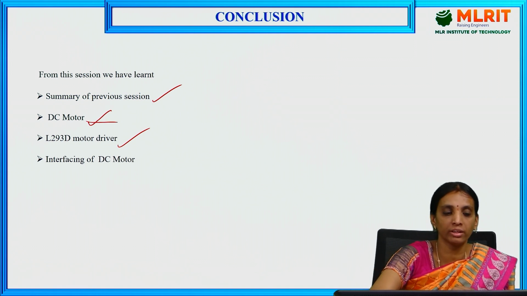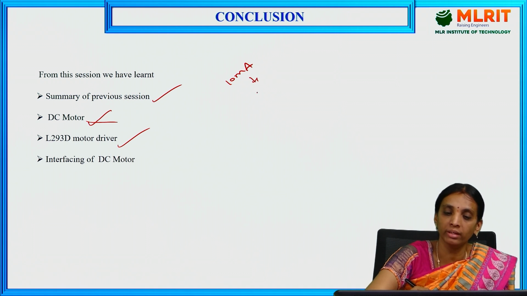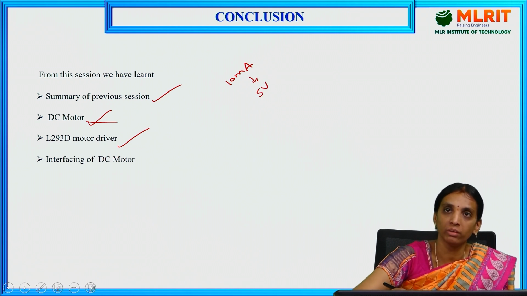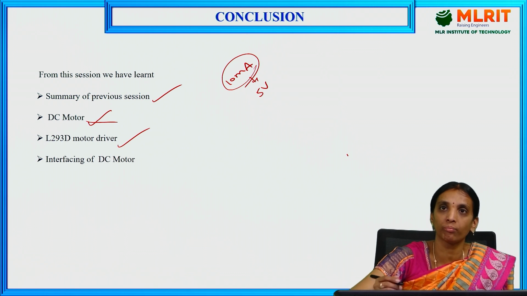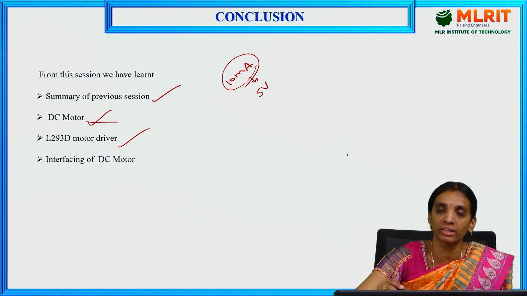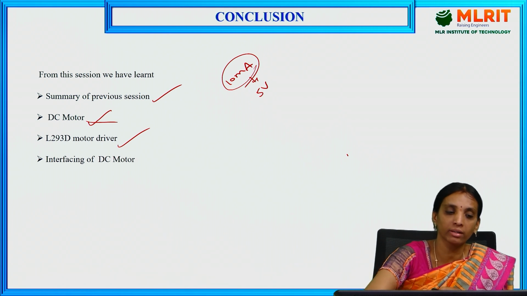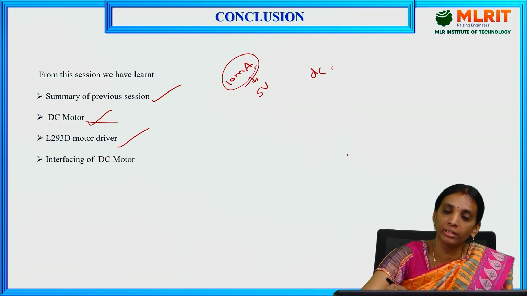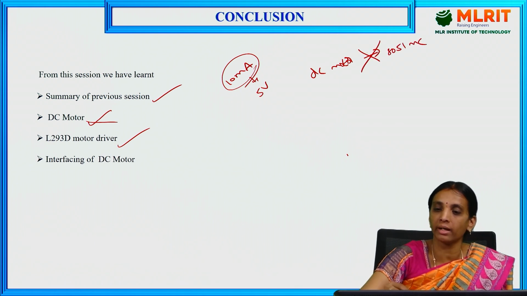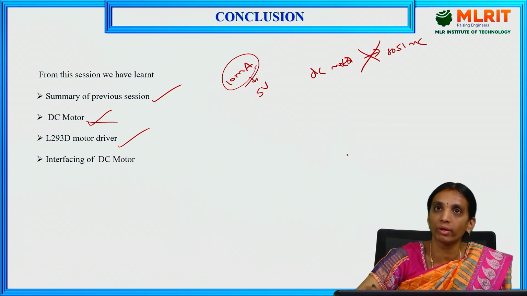As the DC motor will draw larger currents for larger power supply voltages, these currents are too high to connect with the microcontroller, which can cause damage to the microcontroller. Therefore, we cannot connect the DC motor directly to the 8051 microcontroller.